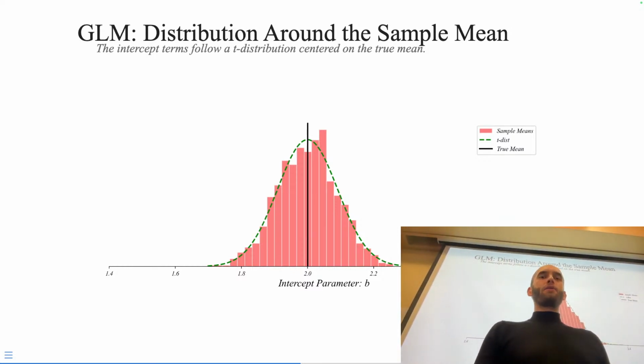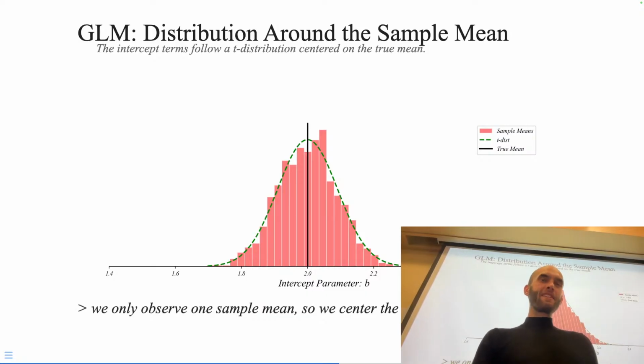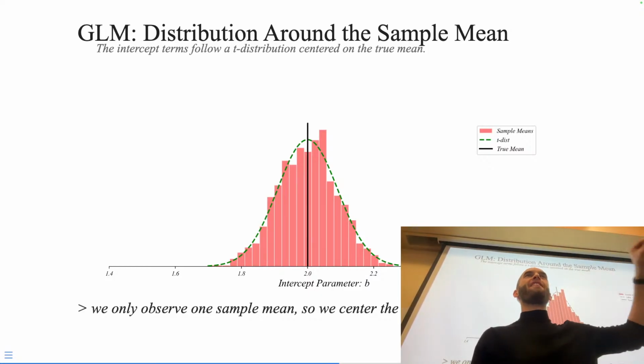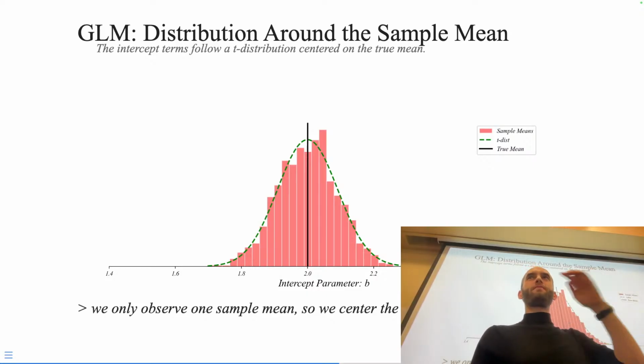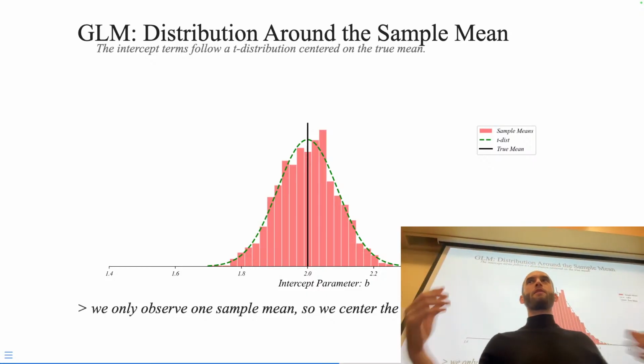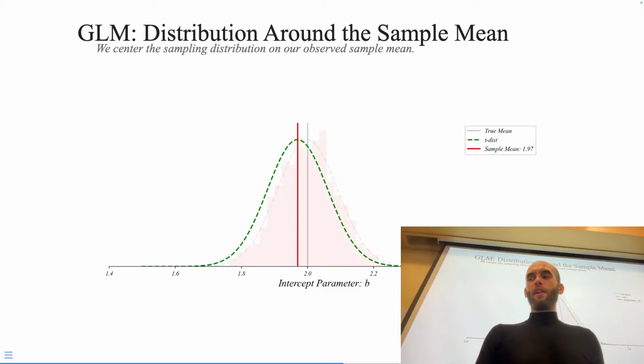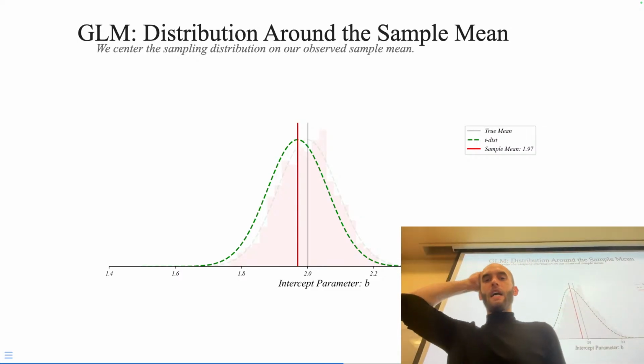And it's centered on the truth. What this means is we can make statistical tests of the parameters in our models. So we're no longer just testing the means, we're testing the parameters in our model. We know the distribution of these parameters under the ideas we've developed in the class.